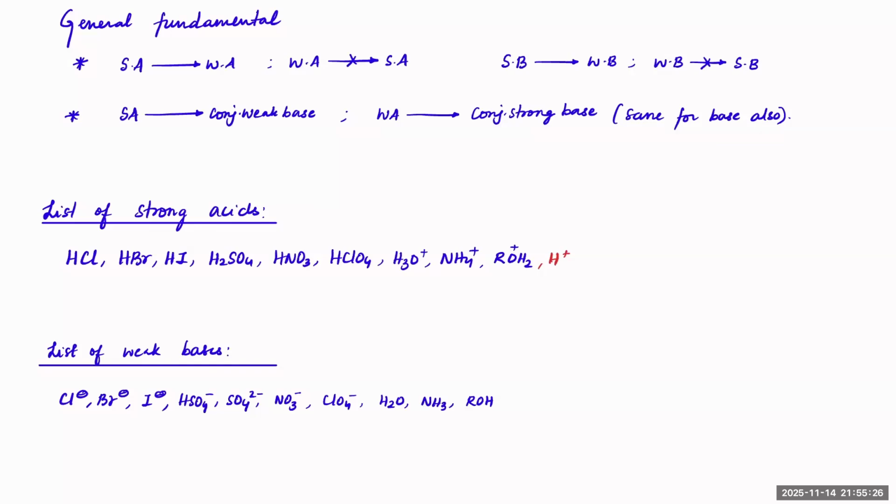If you have a weak base, it will give you a conjugate strong acid. Similarly, if you have a strong base, you will get a conjugate weak acid. This is how you will generate reactions.